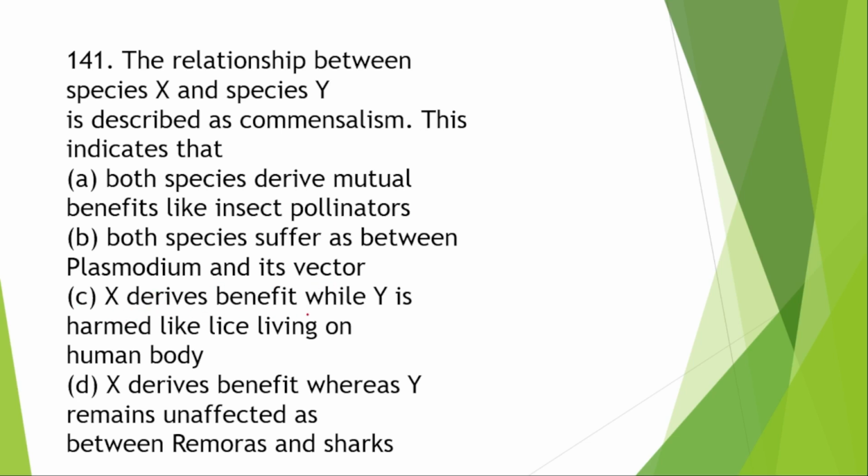C. X derives benefit while Y is harmed like lice living on human body. D. X derives benefit whereas Y remains unaffected as between the remora and then shark. So here commensalism means one will be benefiting and other is unaffected. So D is right here.